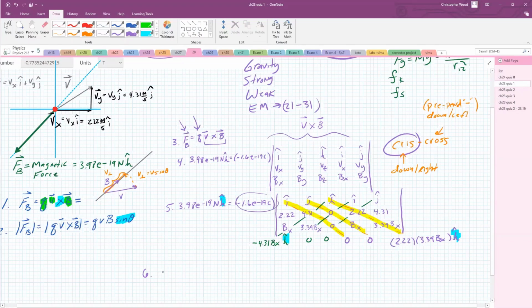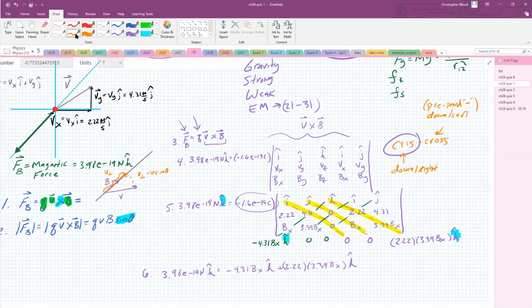I end up with 3.98 times 10 to the minus 19th newtons in the k hat equals negative 4.31 bx k hat plus 2.22 times 3.39 bx k hat. That's what I end up with.